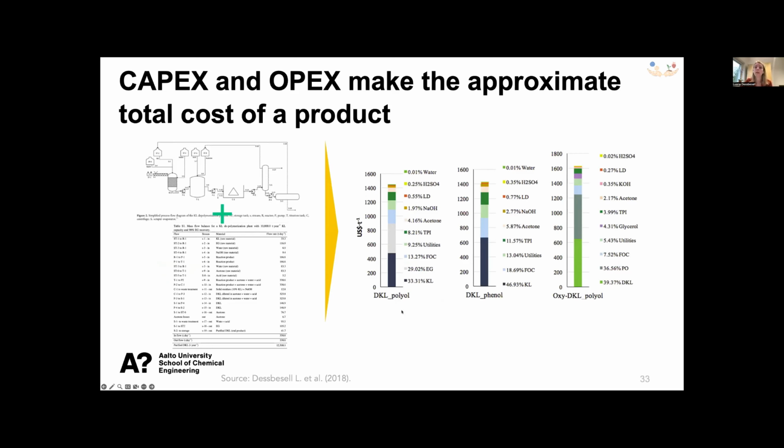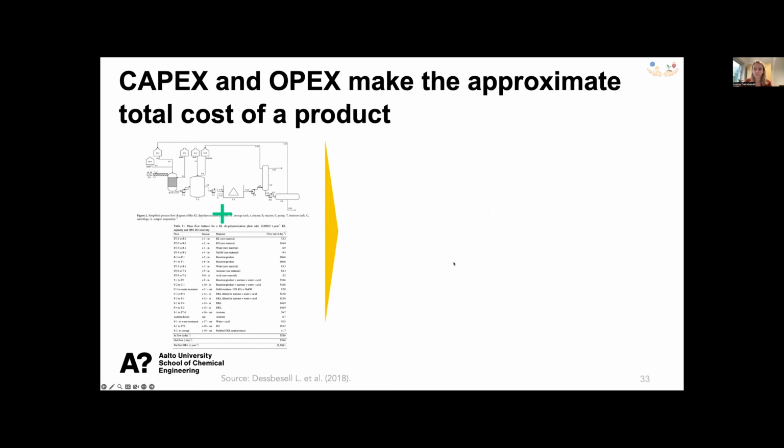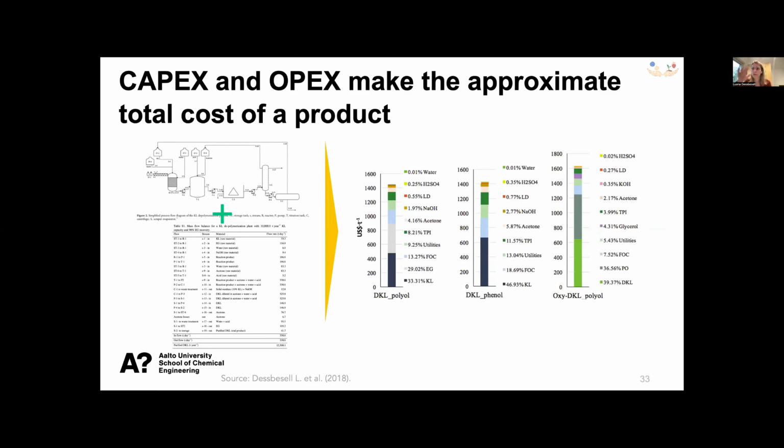We can come up with, in this case, three different processes making different mixes: the best recipe for replacing polyol, the best recipe for replacing phenols, and the best recipe for replacing polyol with an extra step. And then it's how much it would cost to make it. But I don't want you to focus on the details.